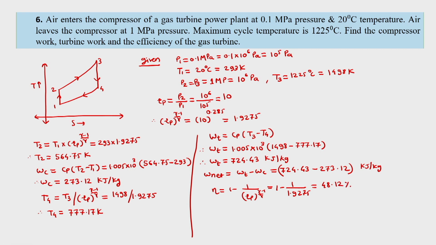So this is the number for efficiency. So we were asked to find out compressor work, so we found out compressor work. We are asked to find out turbine work, so we found out turbine work. If we would have been asked to find out W net, then this would be W net, but we were not asked. So efficiency is this. So we found out all the necessary numbers which were required.